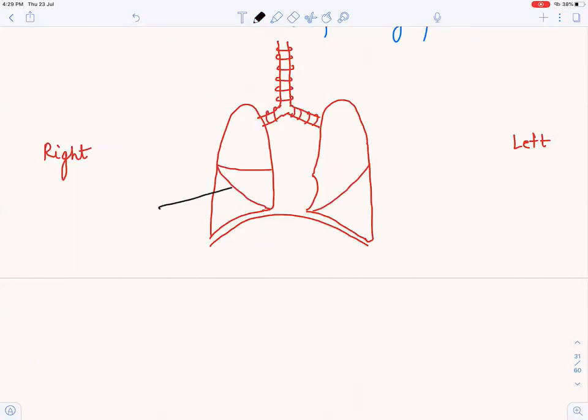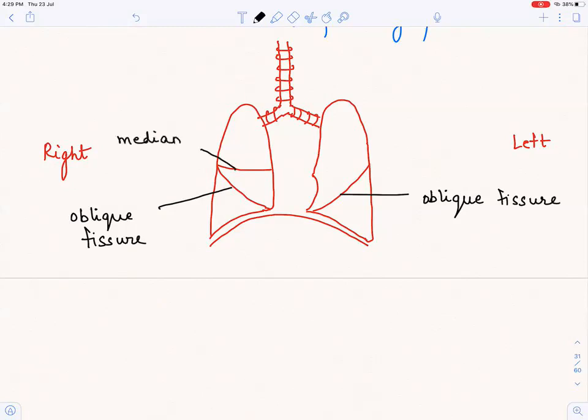So this is an oblique fissure, this is also an oblique fissure, and on the right side there is also a median fissure. So what happens? The lung gets divided into parts.